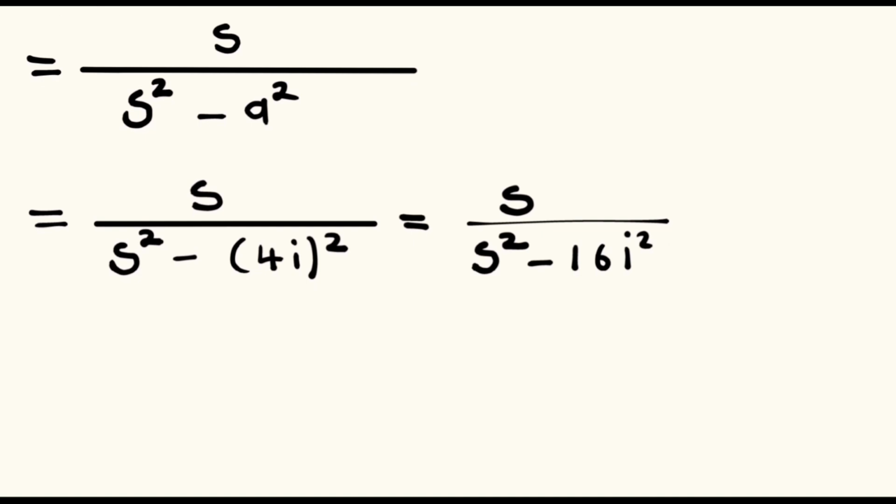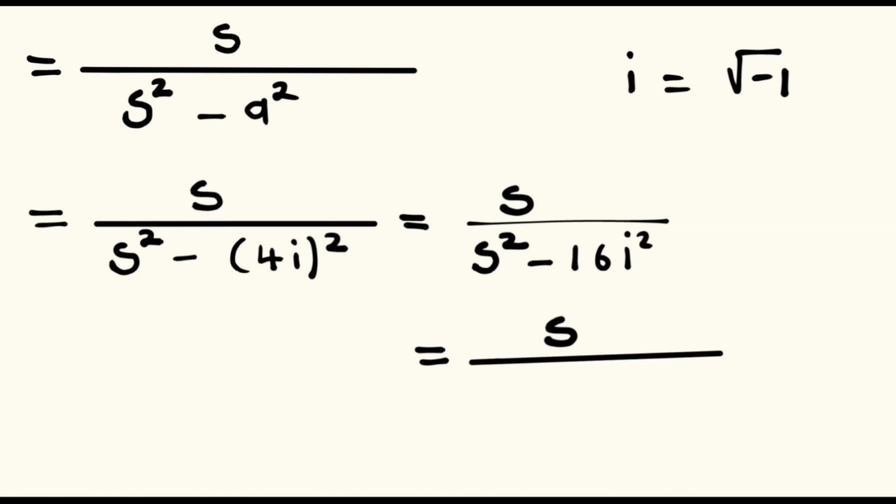Remember that i is equal to the square root of -1, so we have s divided by s squared minus 16 multiplied by i squared. So let's square the i.